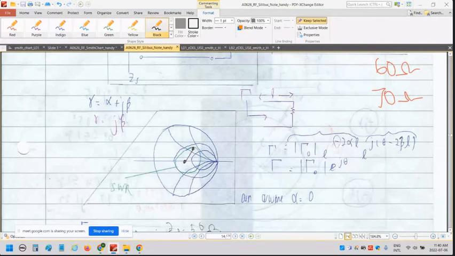Just write down this formula. I will not ask you how to derive it, but what is very important is that you know how to use it. You can simplify and get tau e to the power of j theta.